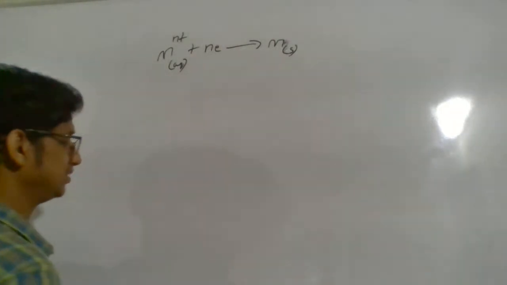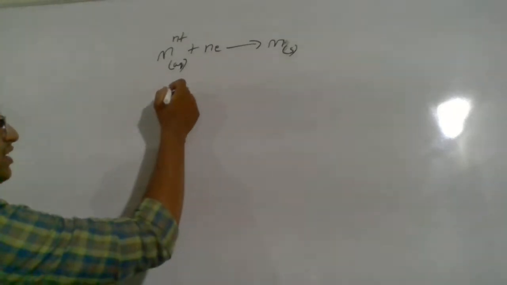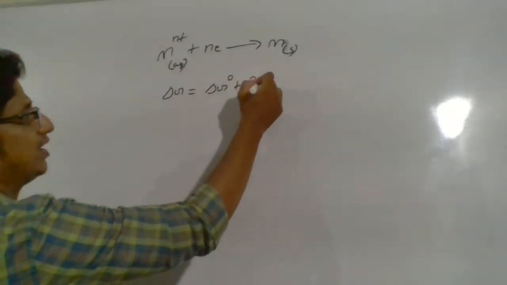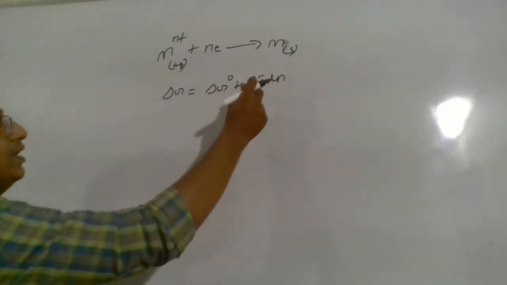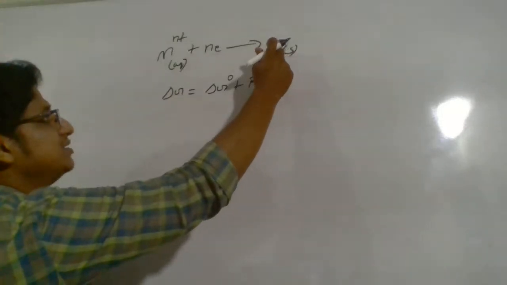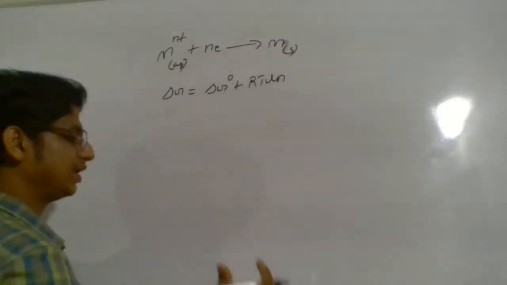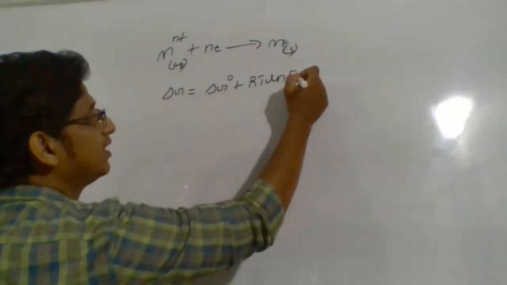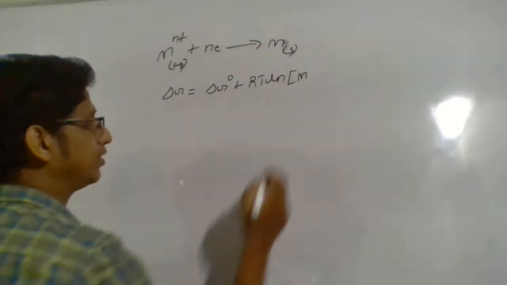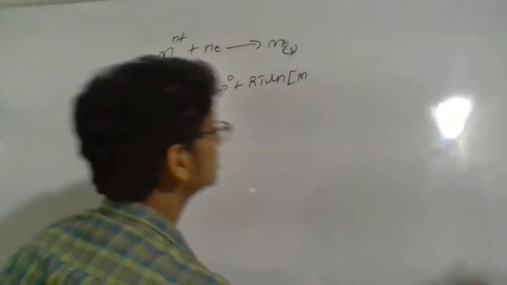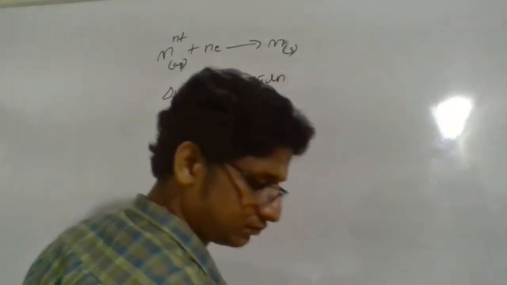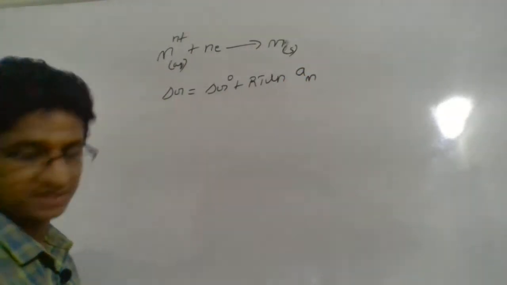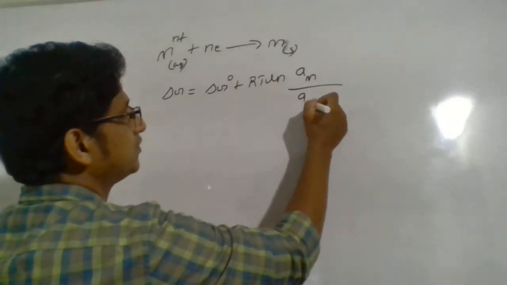Here we can go directly to the equation where delta G equals delta G0 plus RT ln of the concentration of product. Here the product is the metal, and generally we take the concentration of metal as unity. First we can write ln in terms of activity: activity of metal divided by activity of M^n+.